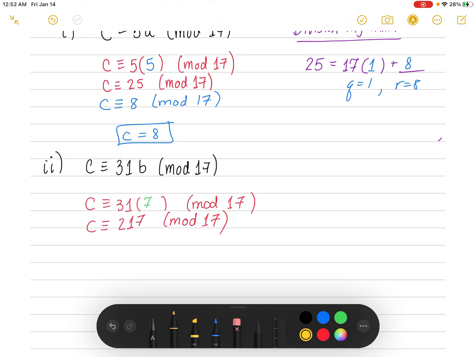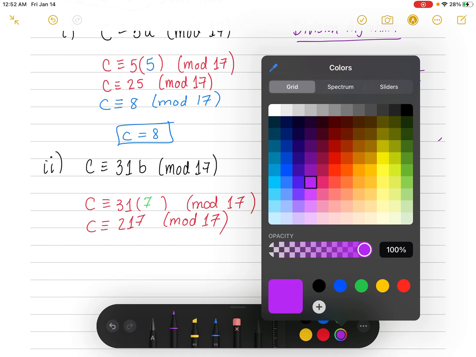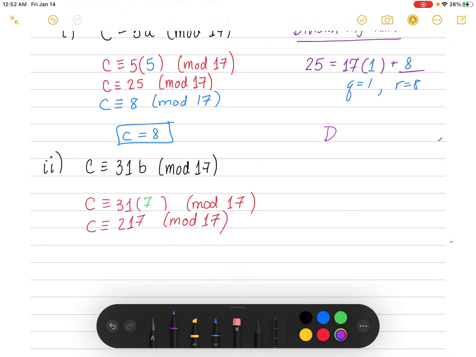So to find exactly what C is, we're going to use the division algorithm and look at the remainder. I'm taking 217, I'm dividing 17 into it, I'm going to get a quotient plus a remainder. So let's see, how many times does 17 go into 217? 217 divided by 17 is 12.